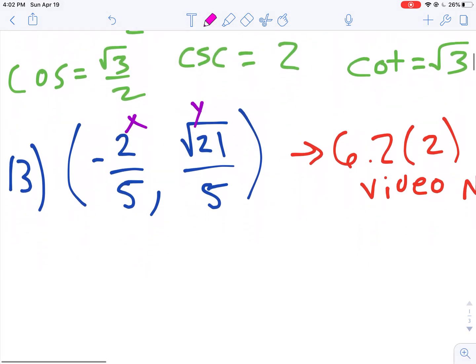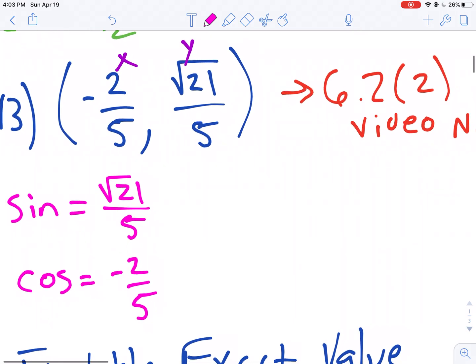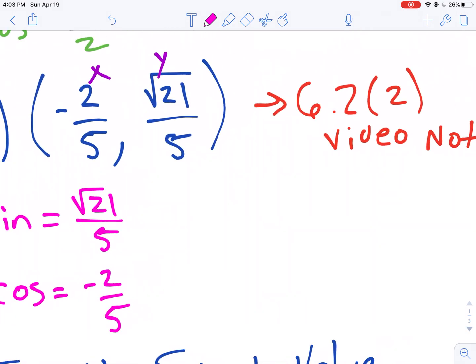So in this case, I know that my sine is going to be root 21 over 5. My cosine is going to be negative 2 over 5. And those are the easy ones. From here, it's going to take a little bit of, not tough math, but just some tedious arithmetic. I'm going to be able to say that my tangent is equal to y over x.